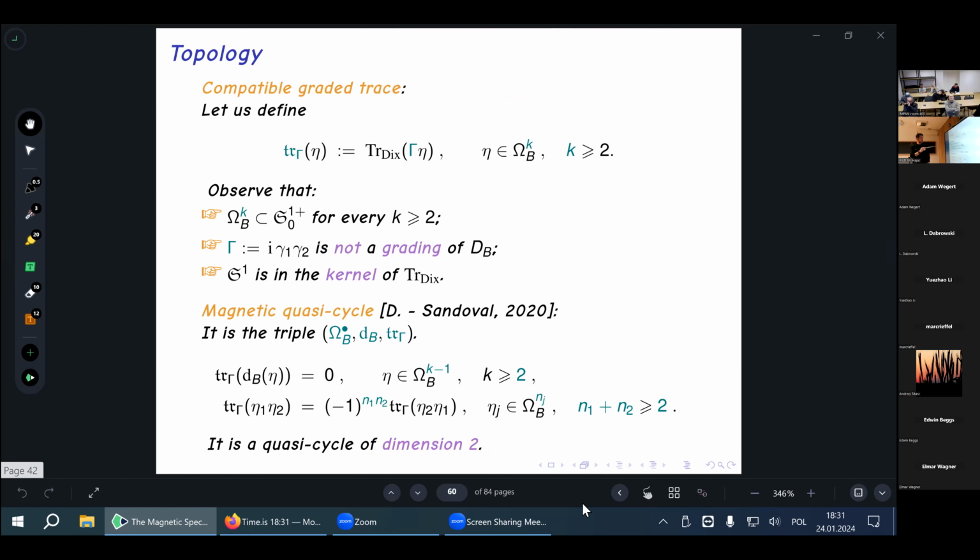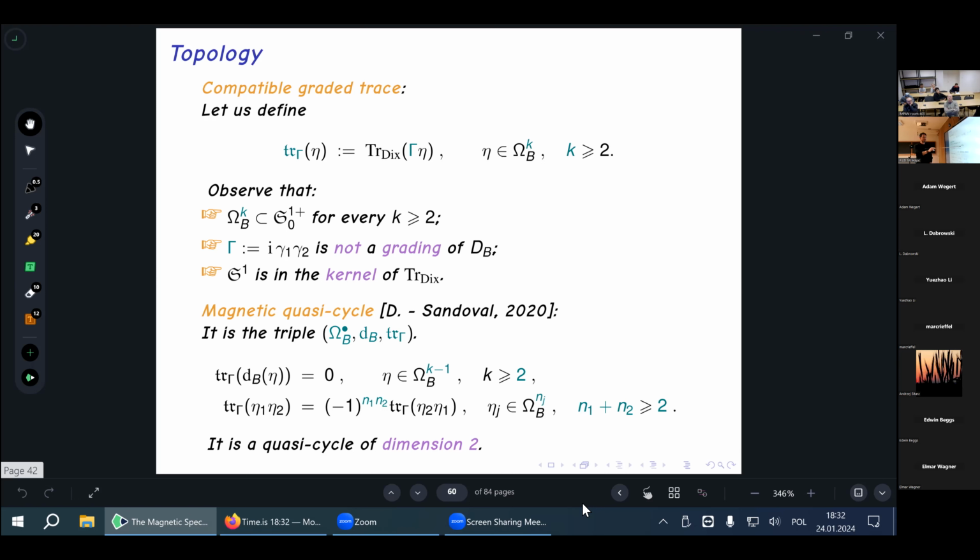The first important remark is that all the omega kb, when k is bigger or equal to a certain value, are in the kernel of my Dixmier trace. S1 is again in the kernel of the Dixmier trace. This gamma is obtained using only the first two Clifford matrices.